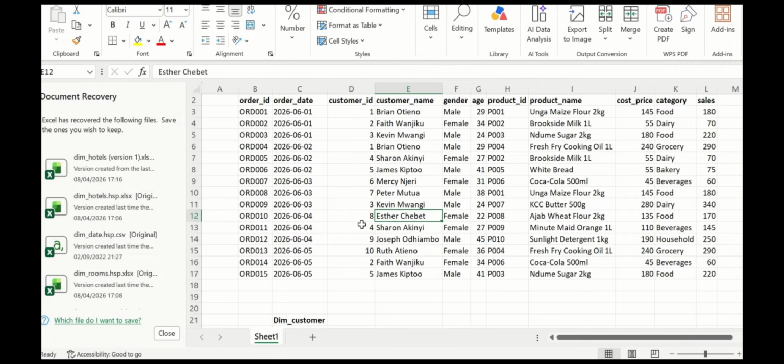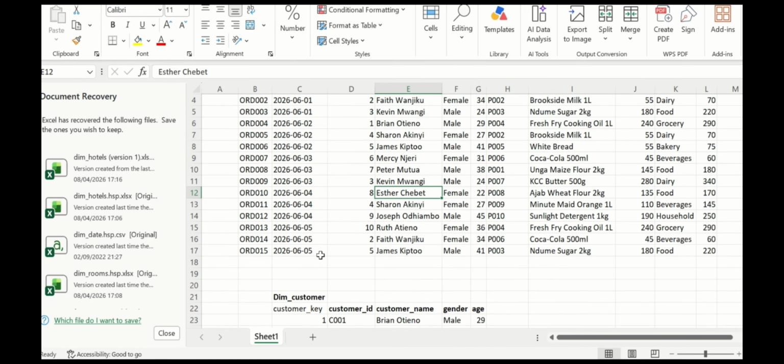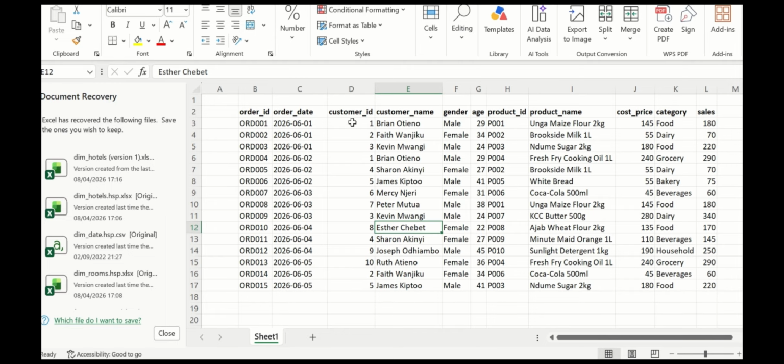So each customer is represented by a customer key here.